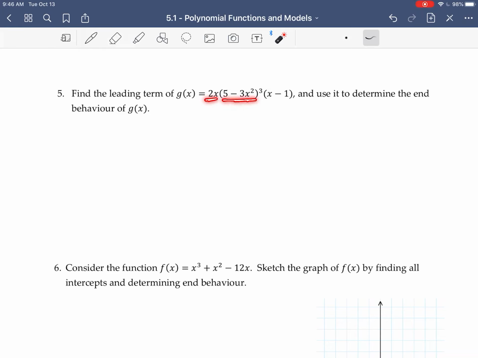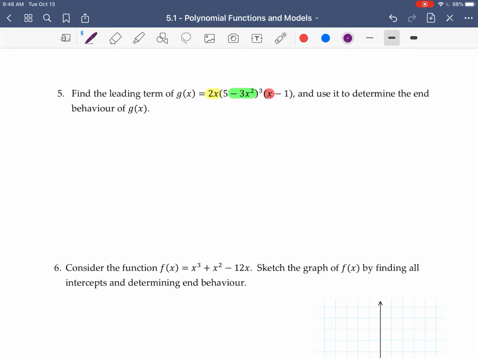Here I have a polynomial. It is a product of a bunch of other polynomials, one of which has a power. I'm going to take the leading term in each. That's going to be the 2x from this one, the negative 3x squared from that one, and the x from this one.